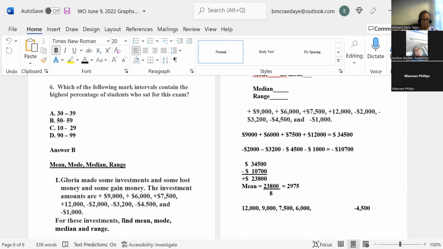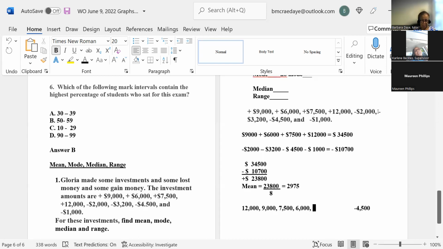The 1,000 comes before the 3,200. So what's your largest negative number? Your largest negative number would be what?